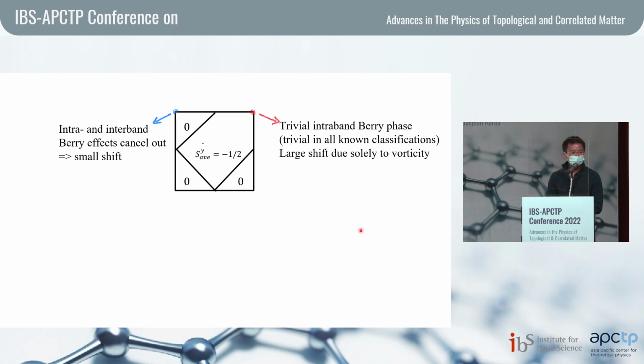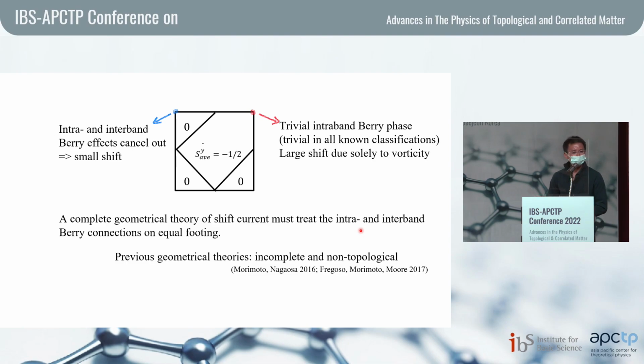If you look at the other corner, what happens is that the intra and interband Bravais effects cancel out. So the shift is essentially small or nearly 0. So I hope these 2 examples have convinced you that really you need a complete geometrical theory that treats the interband and intraband Bravais connection on equal footing.